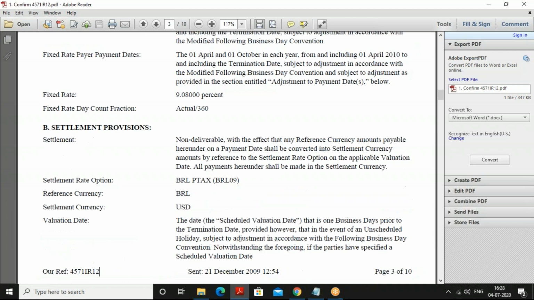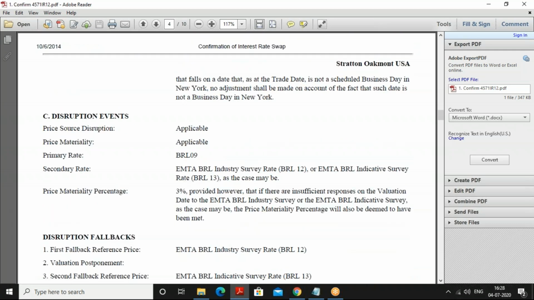Now, if you look at this, again, there is no exchange, there is no clearinghouse. It tells us that if there is a disruption in the market, the primary rate that you're going to use is what we call BRL09. Basically that's the reference rate.